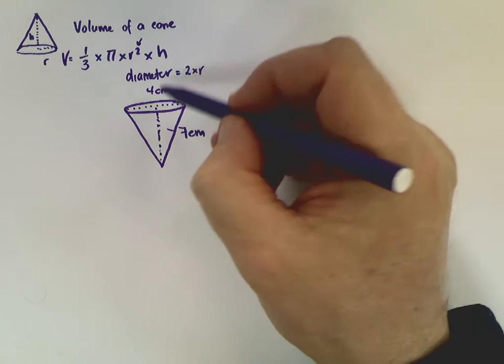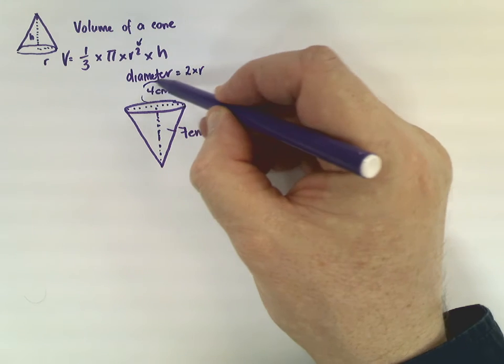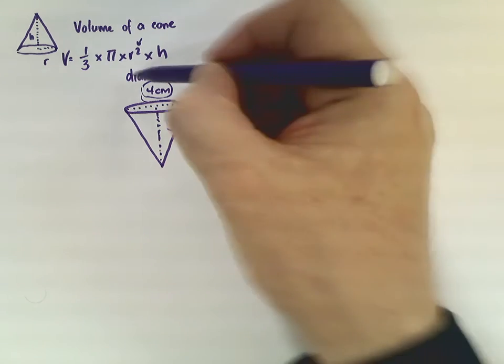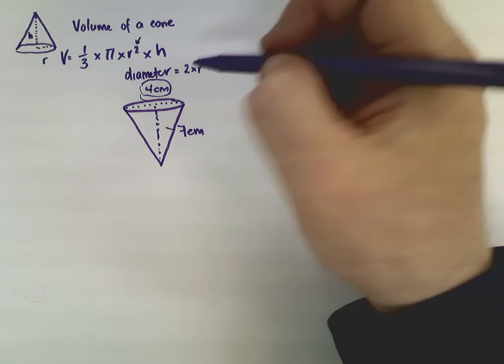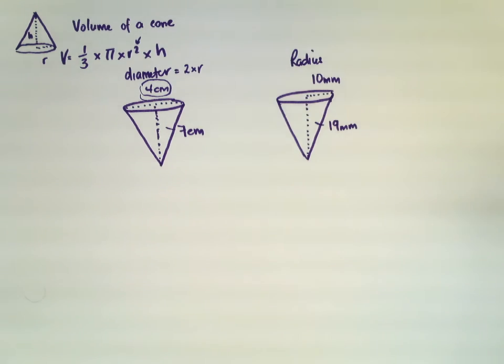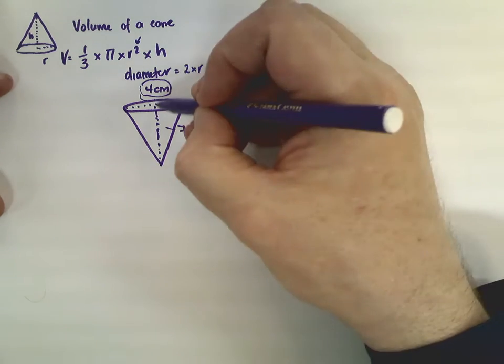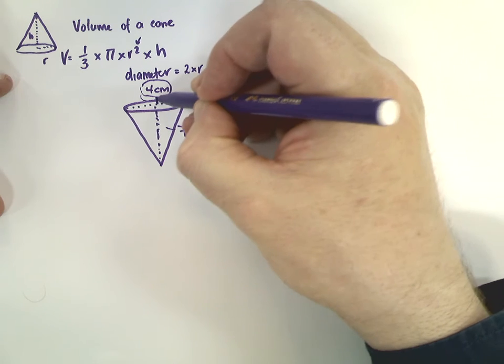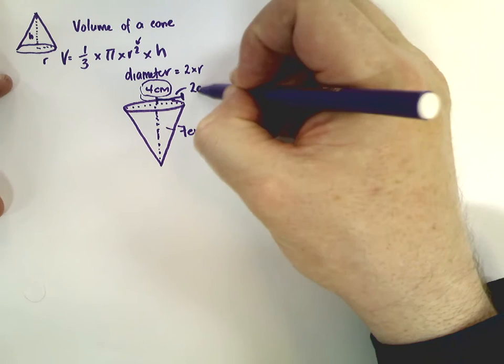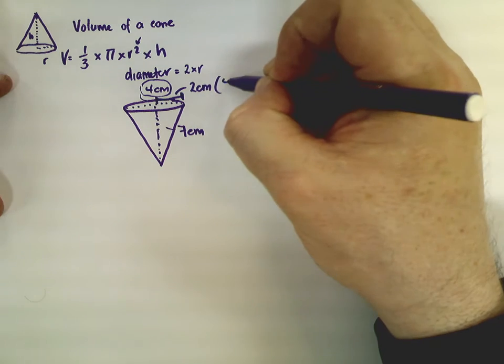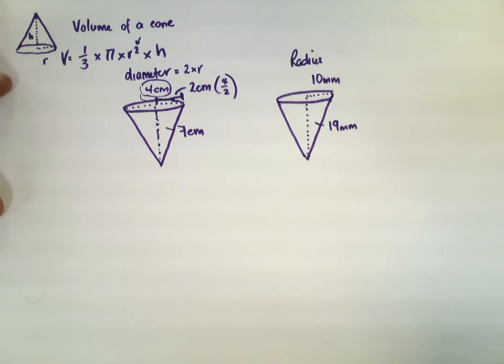So we just need to half this particular number. We're going to take this 4 and we're going to half it because there's 2 radiuses in a diameter, we half that number, we'll know how long a radius is. So I'm just going to draw in a new thing here, give it a little length, and I'm going to go 2 centimetres, which I got from 4 divided by 2.